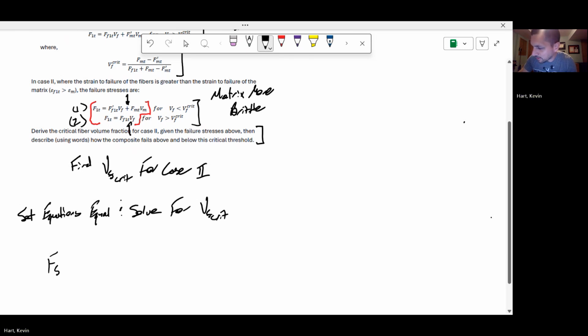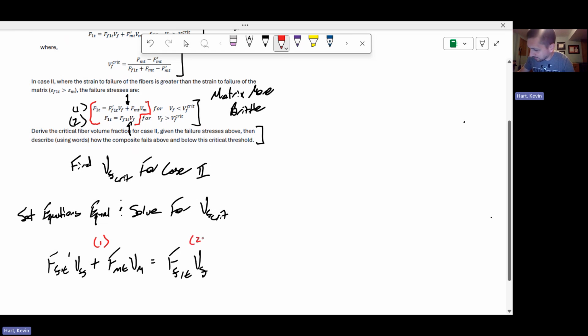So F1T prime VF plus FMT VM equals F1T VF. The left-hand side here is equation number 1, and the right-hand side here is equation number 2. That's more or less it. All right. You just want to solve for VF here, and that is VF crit.